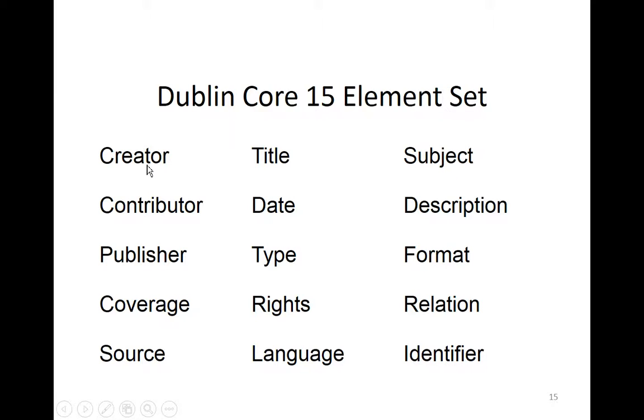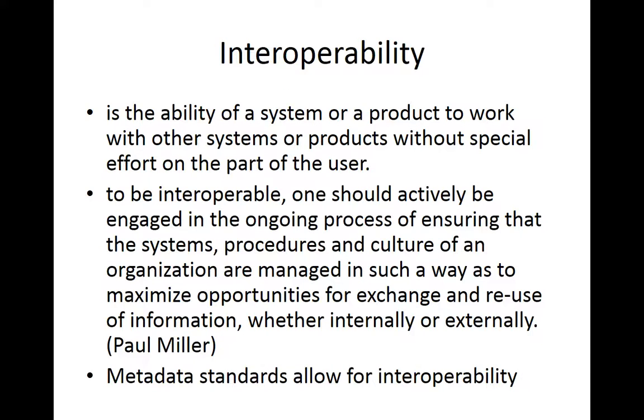Like we have a creator, we could use this tag set and say, oh, we're going to use the creator tag, but we're going to change it to what we want to call it, which is author. We don't want to call it creator. Or we can have multiple creators or authors, so we could have creator 1, creator 2, creator 3, or co-creator, co-creator. It means the field's repeatable, and it just gives the user of that metadata standard some flexibility in how they implement it locally.